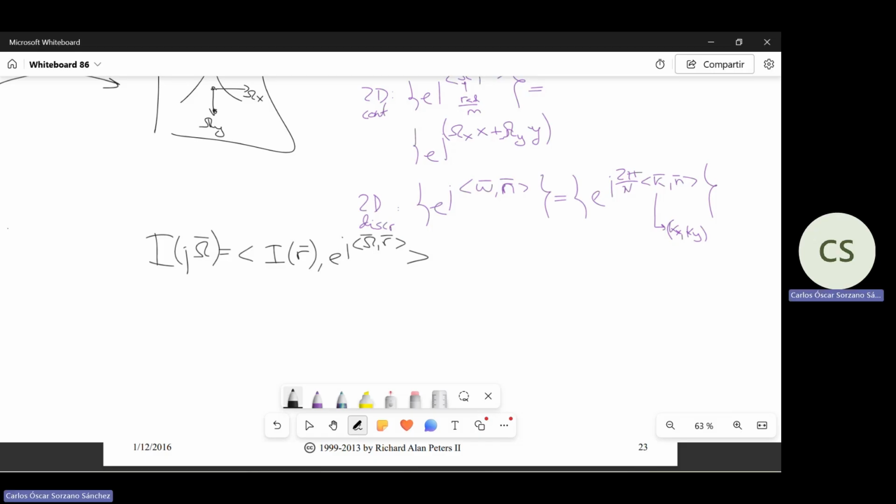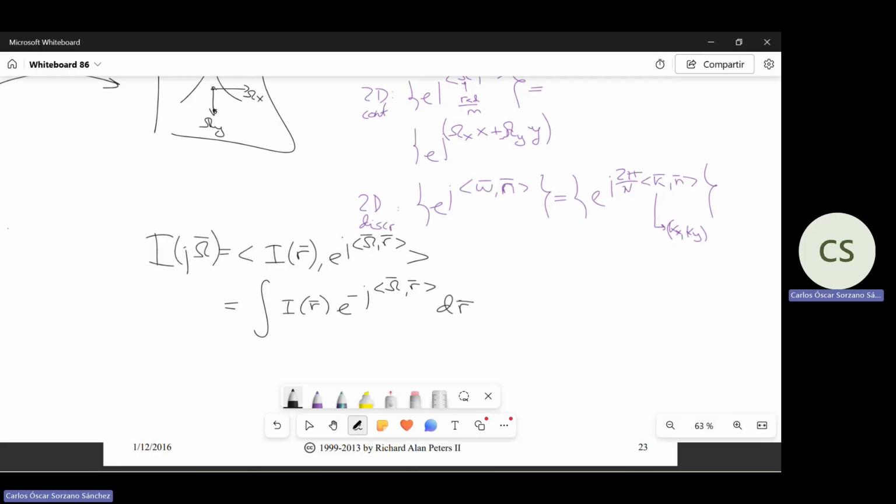This is the forward Fourier transform. If you want, we can expand this, and we can say this is the integral over all space of the image times E to the minus J omega R, differential of R. Now I have my Fourier transform.